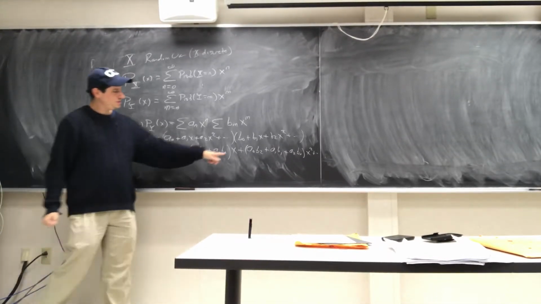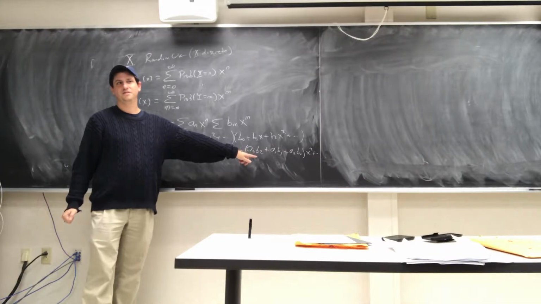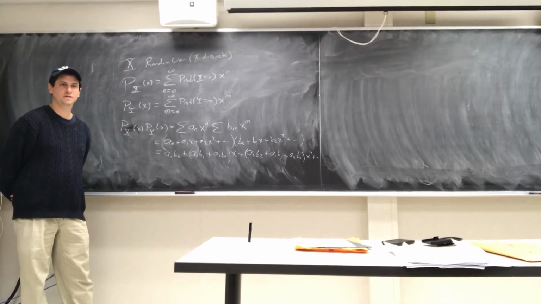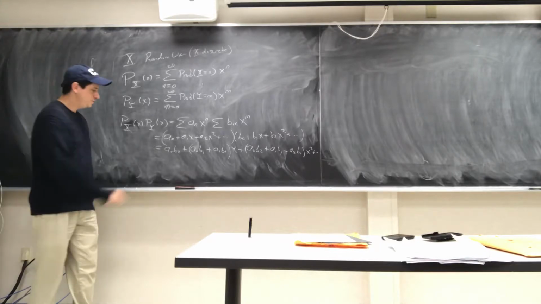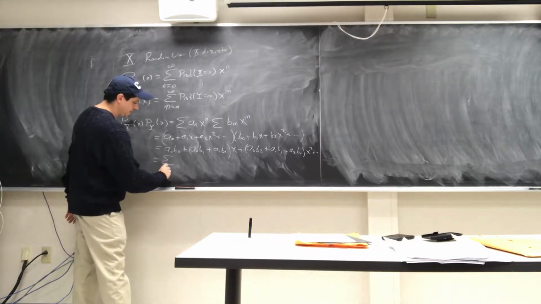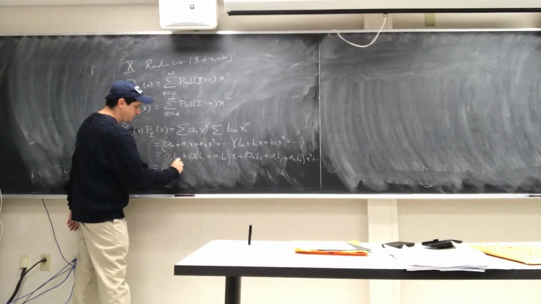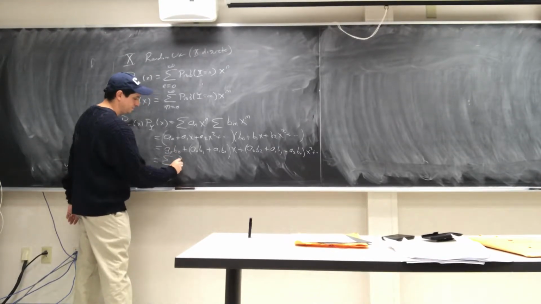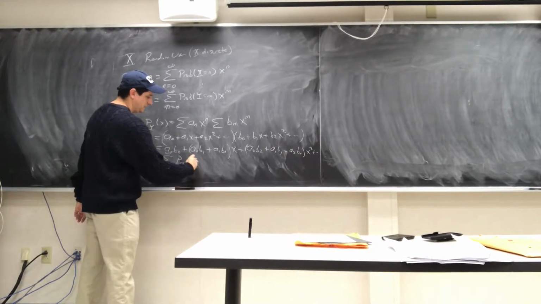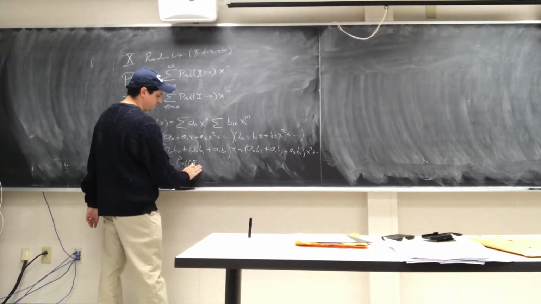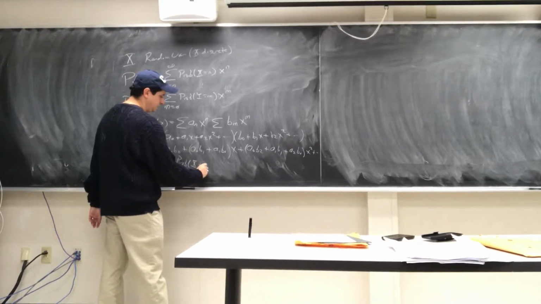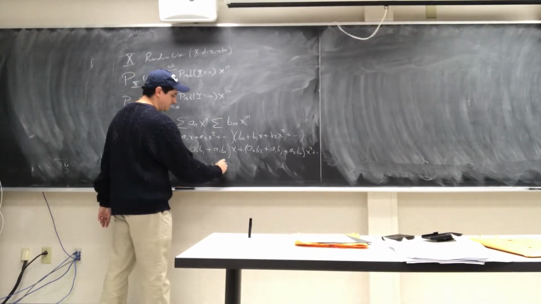Do you recognize what these numbers are? Where have we seen something like this before? For this particular problem, it would be the sum, k goes from 0 to infinity, the probability X plus Y equals k, times x to the k.